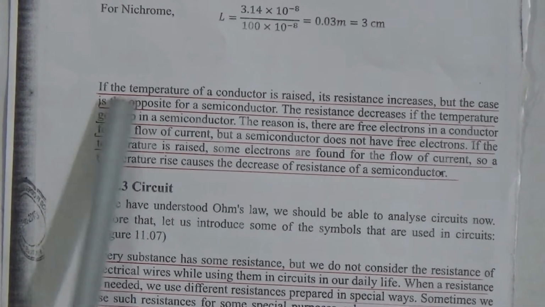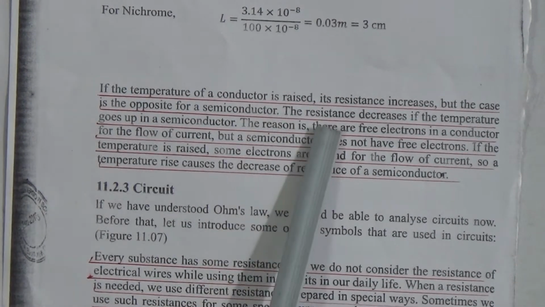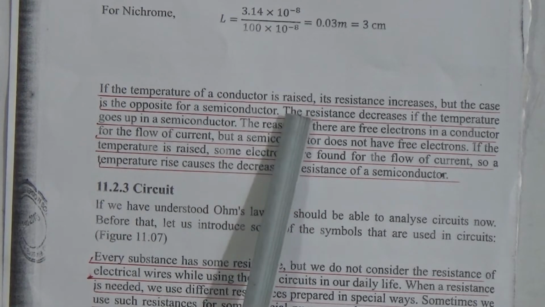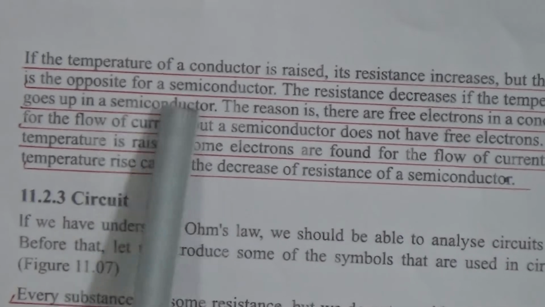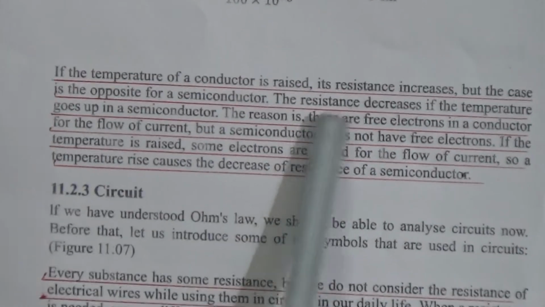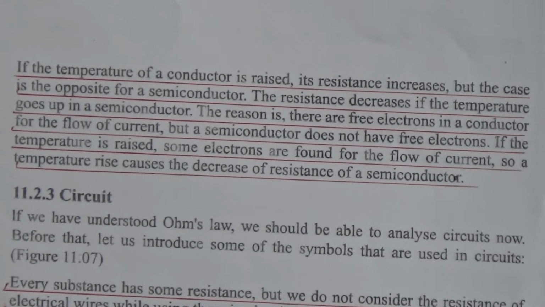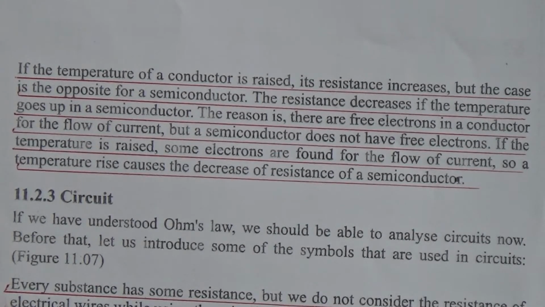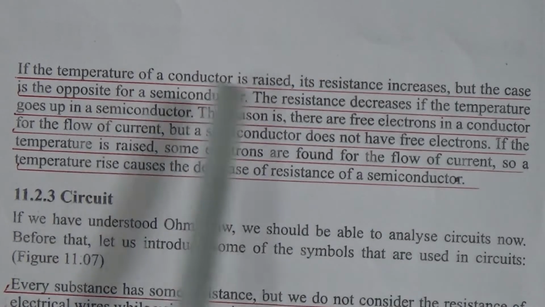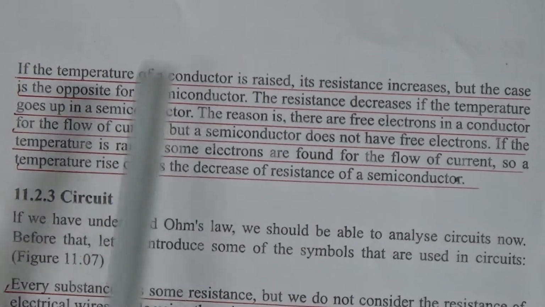So my dear students, from here we can see if the temperature of a conductor is raised, its resistance also increases, but in the case of a semiconductor it is the opposite. From this formula we can see that if the temperature increases, the resistance will increase, and this is opposite for the semiconductor.